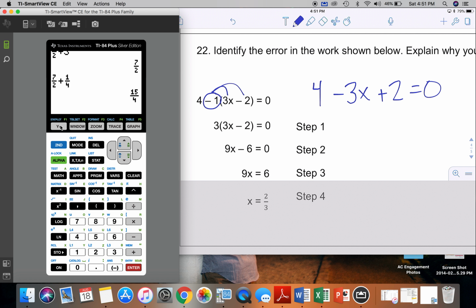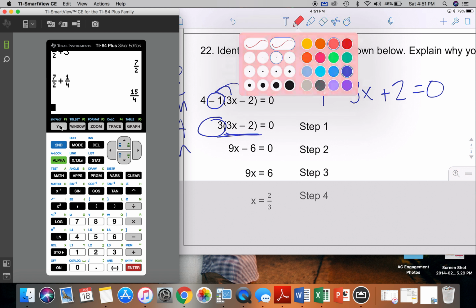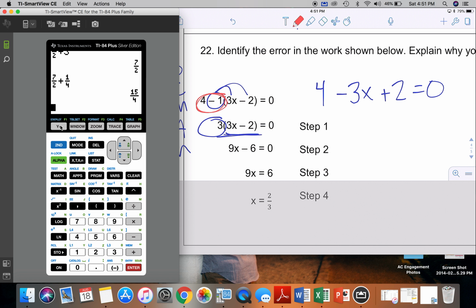When I look at step 1, I see that they still have parentheses, so they did not distribute like we see in the first step of Don't Call Me After Midnight. And instead, what they did was they completed this operation first.